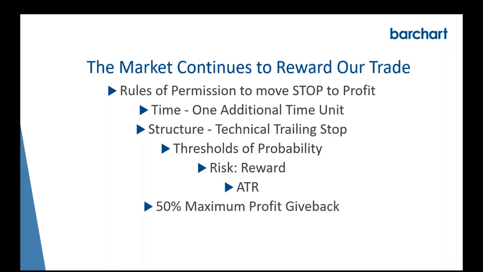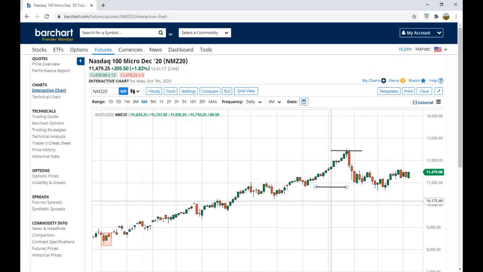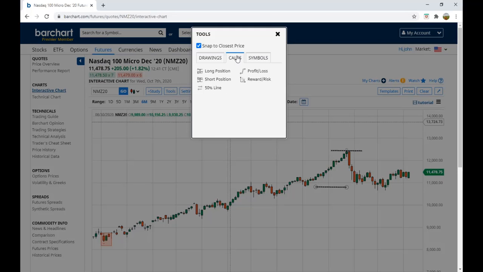Something called the 50% give back, right? Again, another tool that we have in our calculator.